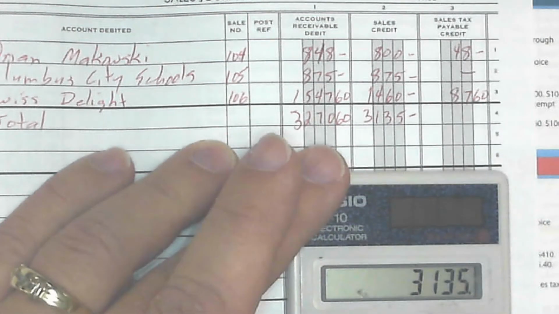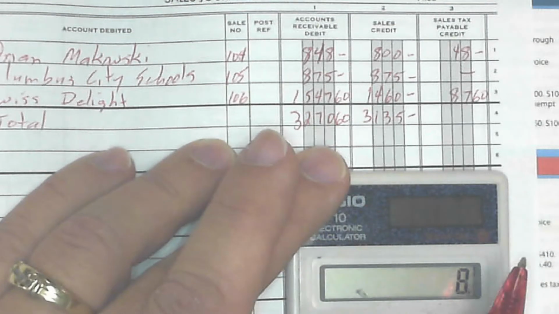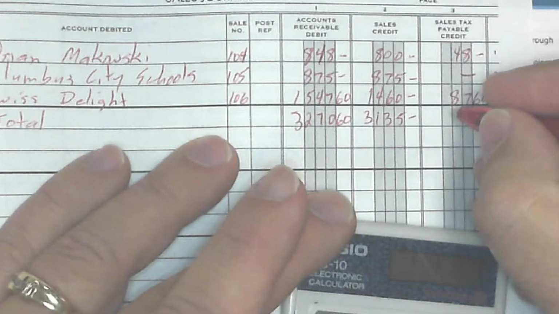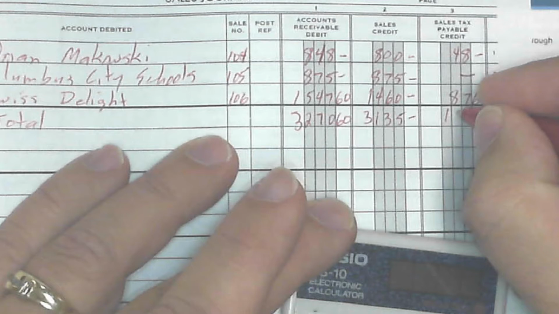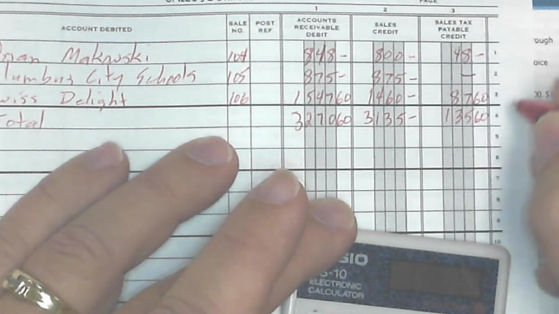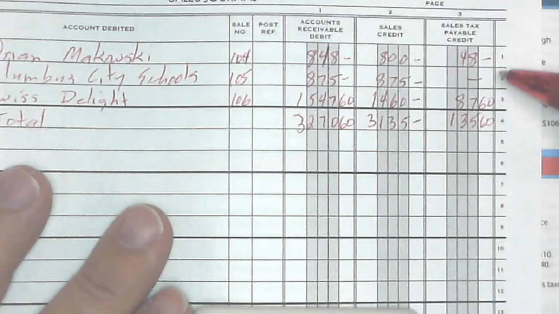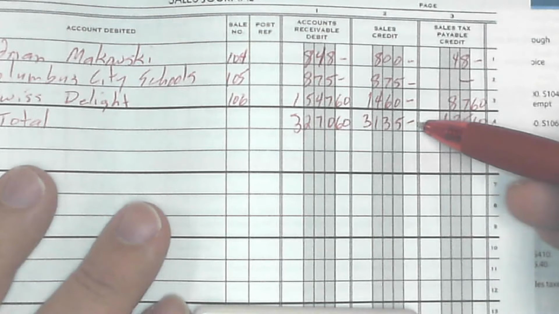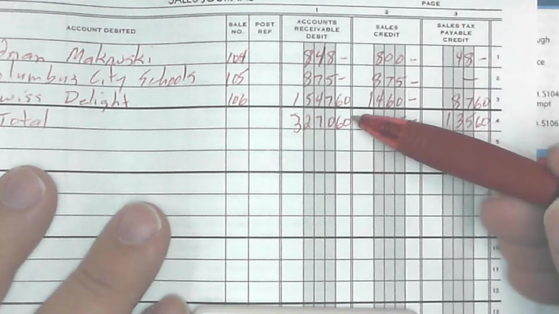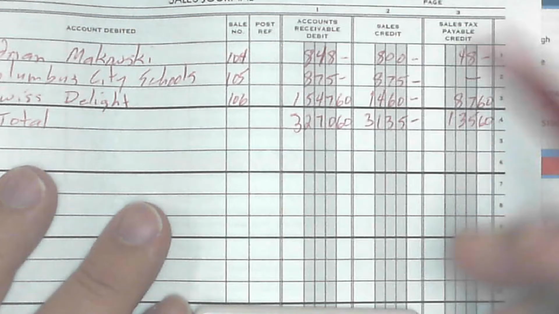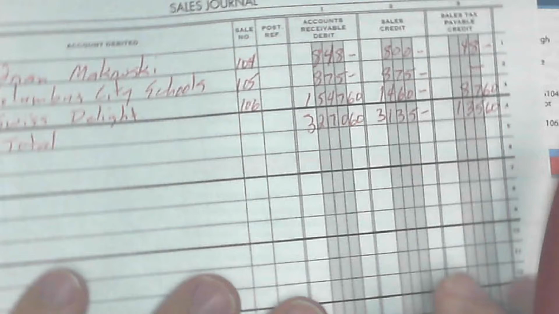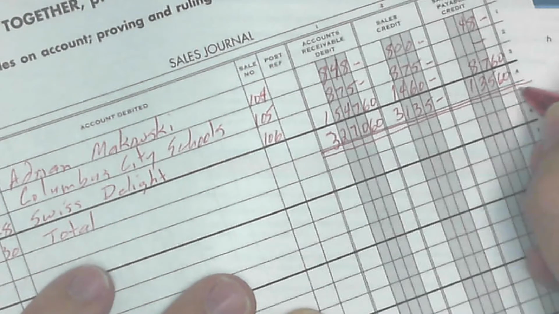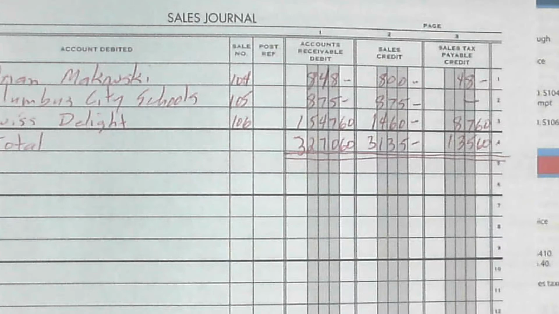And we just add for sales tax. It's $135.60. So we've got our sales tax, our merchandise, and our total AR debit. And this is the end, so we'll just put a double line under that to show that there's not going to be anything to go under that one.